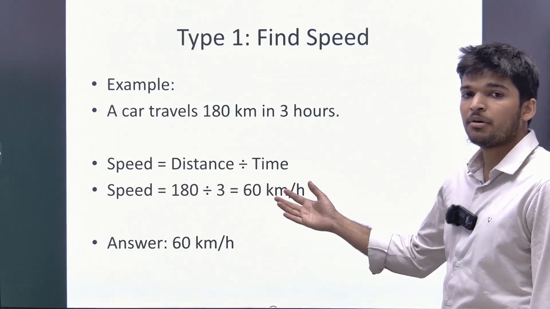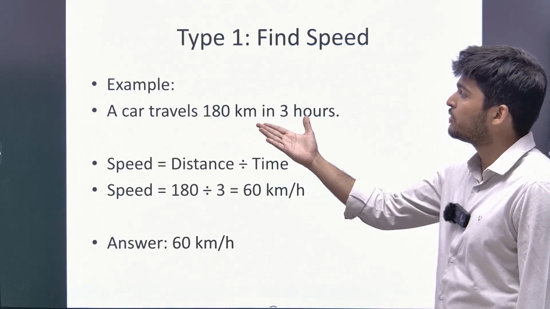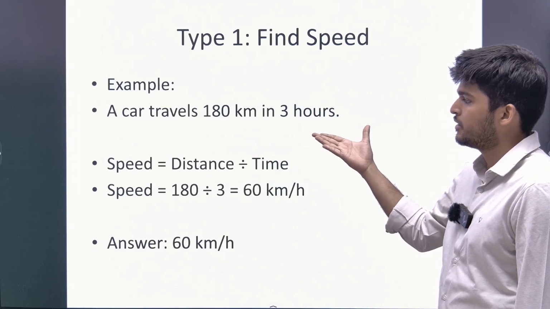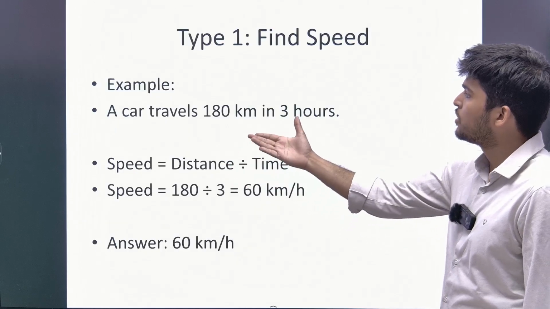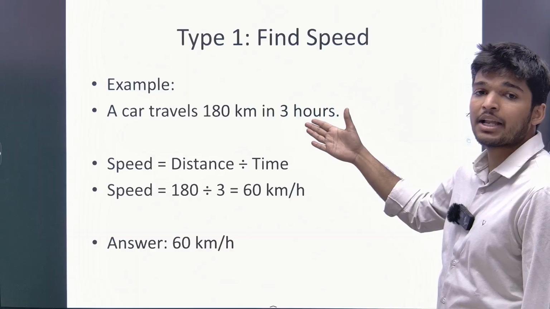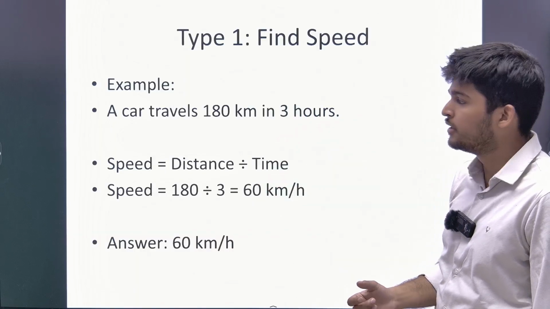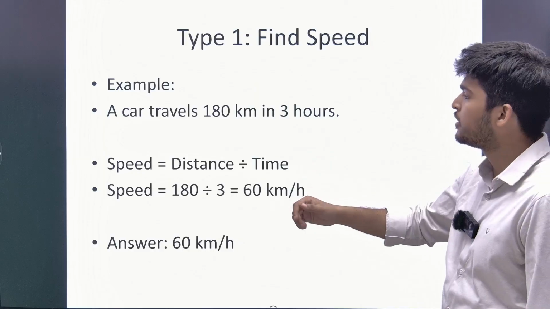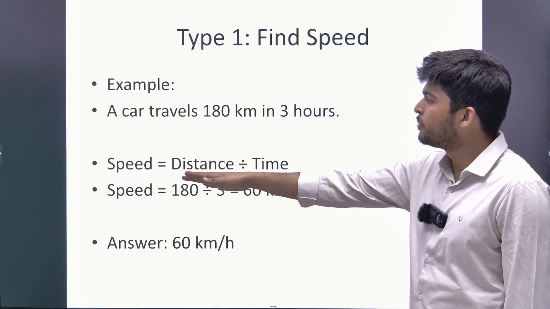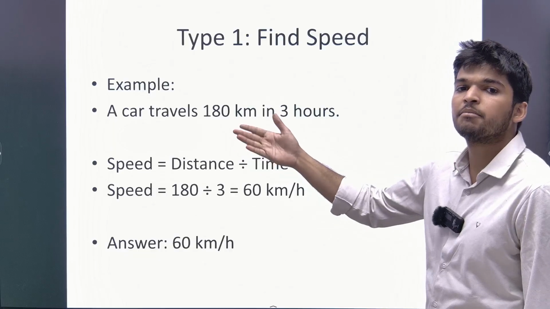A basic example of this concept: a car travels the distance of 180 kilometers in 3 hours. So in this example, we know the distance traveled and the time taken. We have to calculate the speed of the vehicle, the speed of the car. So the speed would be distance divided by time, the formula which was given in the previous slide.